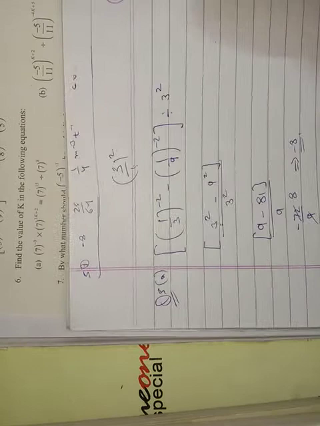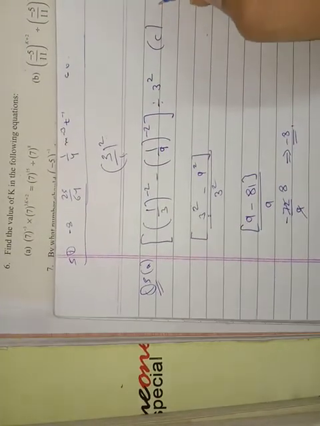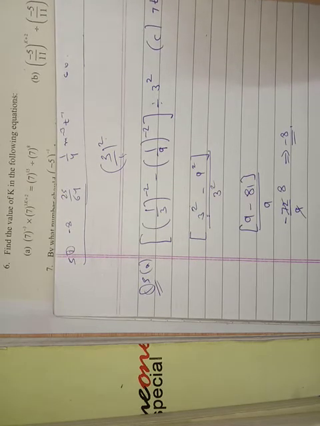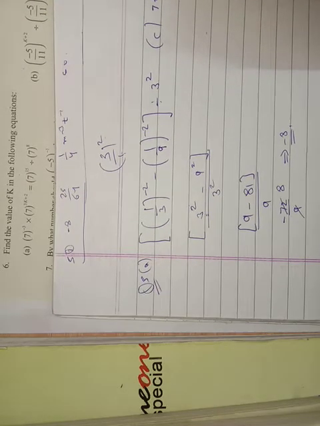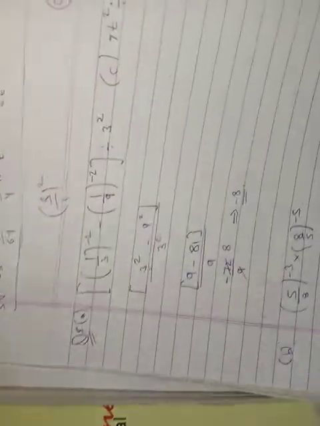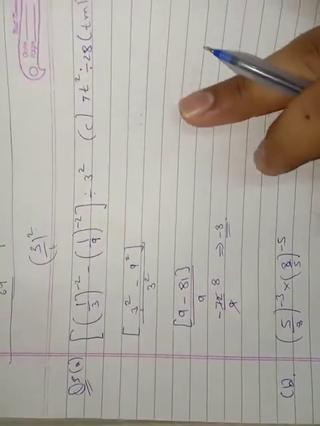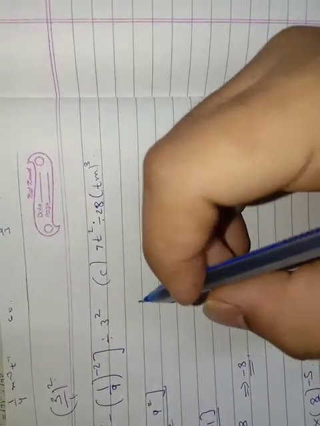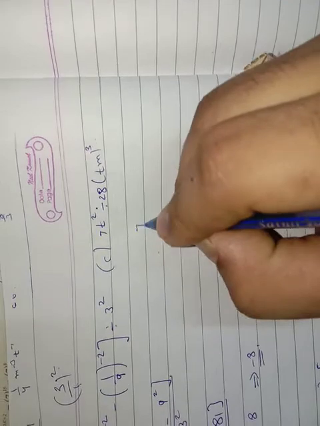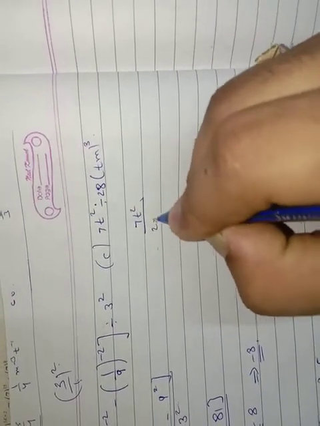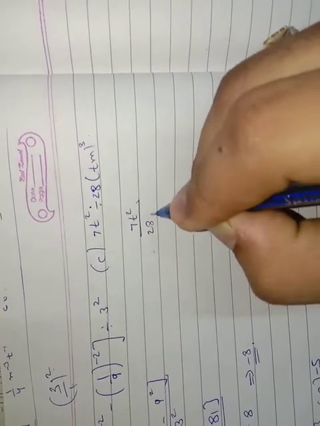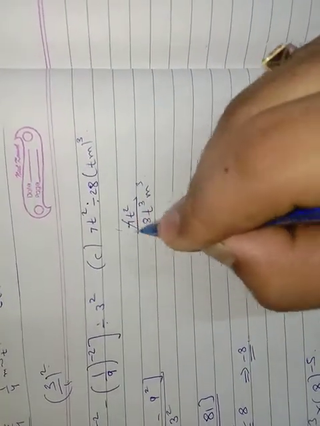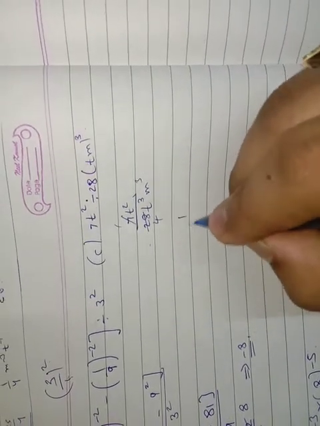Now we go for the C part. That is 7 t square divided by 28 t m whole cube. So this is the question. 7 t square divided by 28 t m whole cube means t cube, then m cube also, both are in the cube. 7 1s are 7, 7 4s are 28, so 1 upon 4.